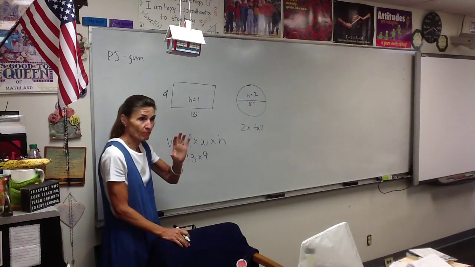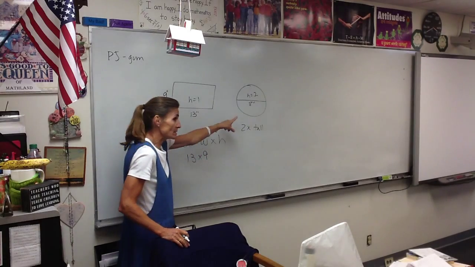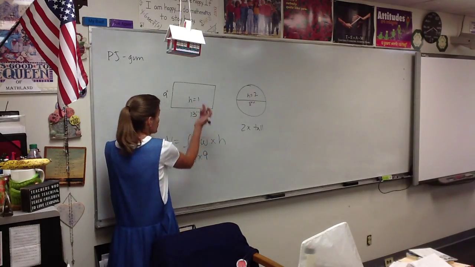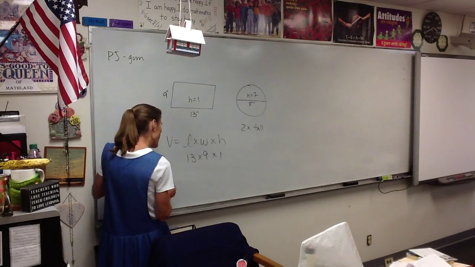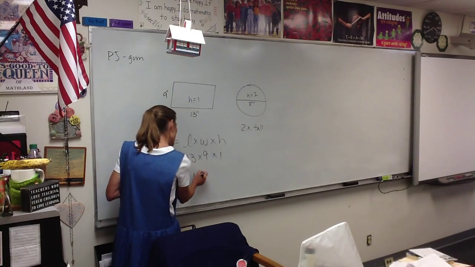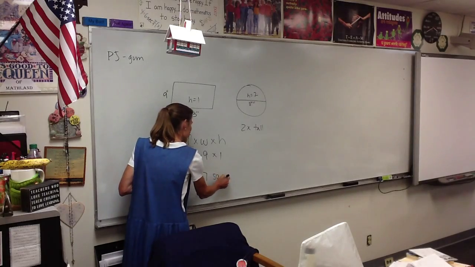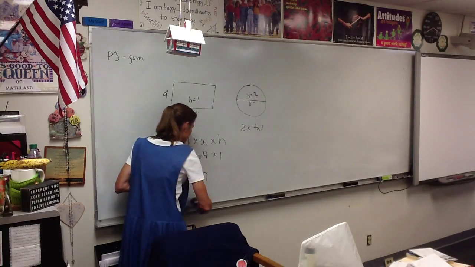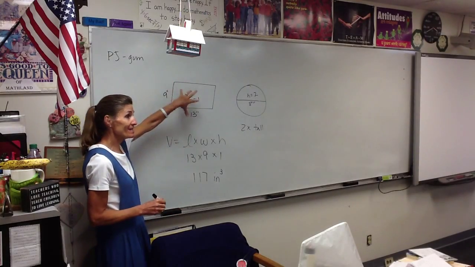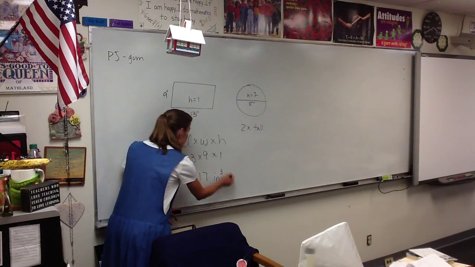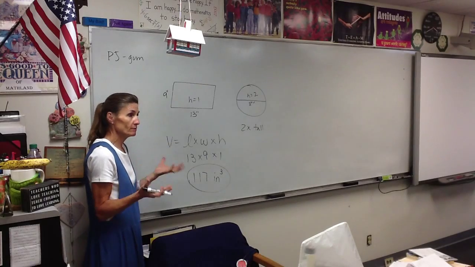It doesn't make any difference. All we know is that one's got to be twice as tall. So I'm going to go ahead and use 1. So what's 13 times 9 times 1? 117 cubic inches. So if you go in and buy this cake, you're going to get 117 cubic inches of food.